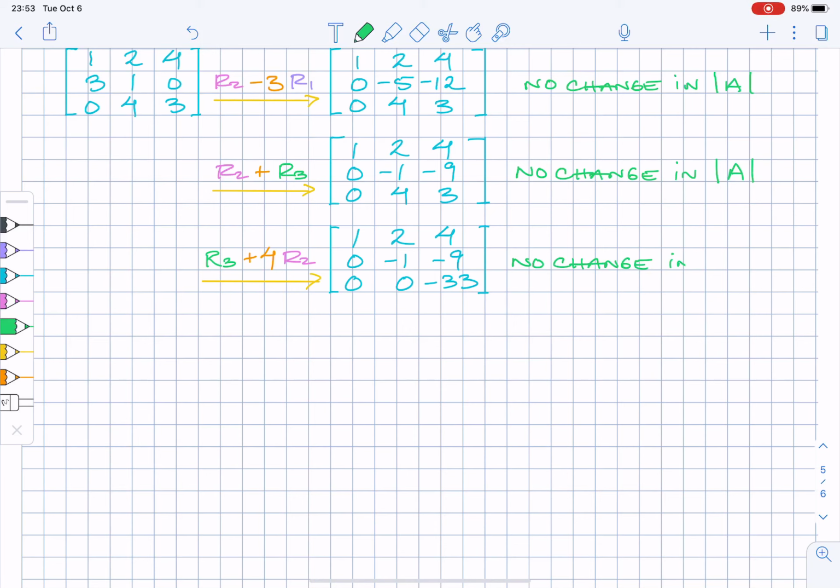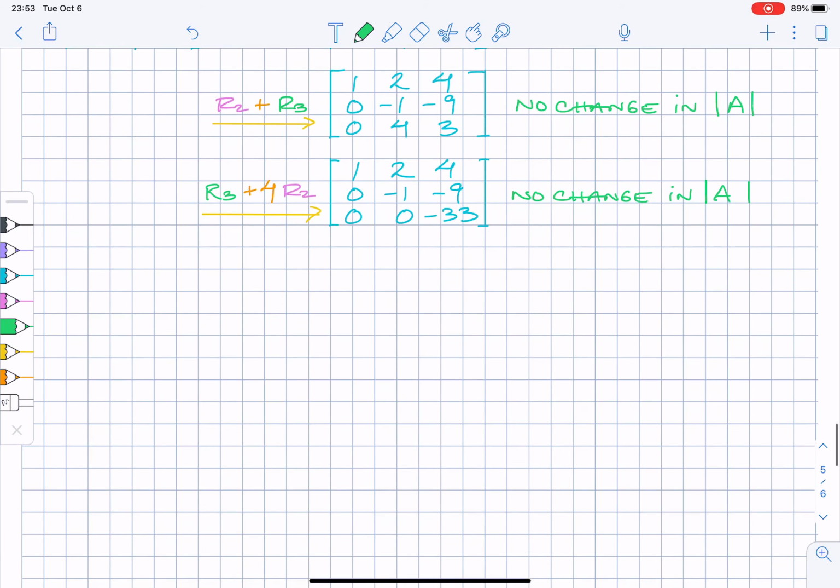No change in the determinant. But what's nice now, do you agree that what we have here is an upper triangular matrix, right? This is U. So I claim that this implies the determinant of U is going to be the determinant of A. But the determinant of U is what?